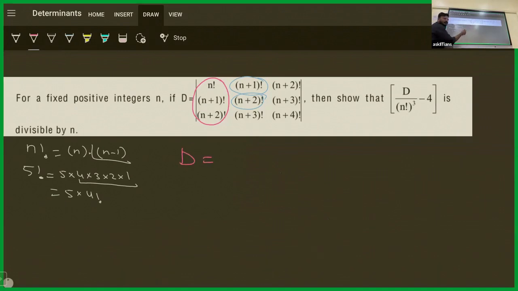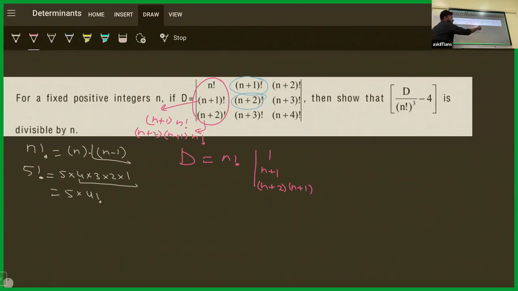So let's suppose we are taking n factorial common from the first column. Then we are left with 1 here, here it will be n plus 1, and here it is n plus 2 into n plus 1. ये कितने लोगों को समझ में आया क्या किया अब? n plus 1 we can write as n plus 1 multiplied by n factorial, and this term we can write as n plus 2 multiplied by n plus 1 into n factorial.